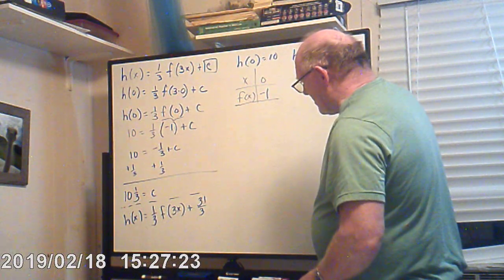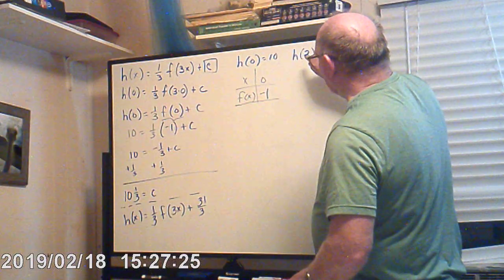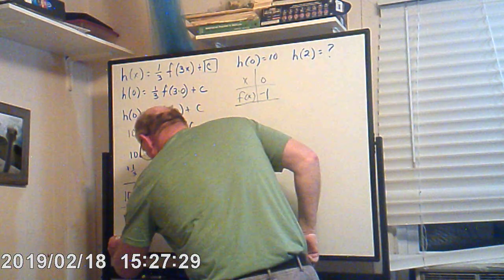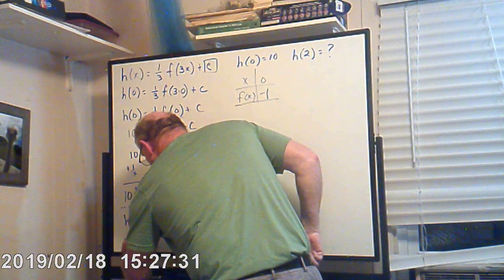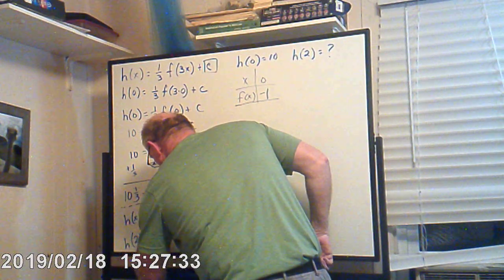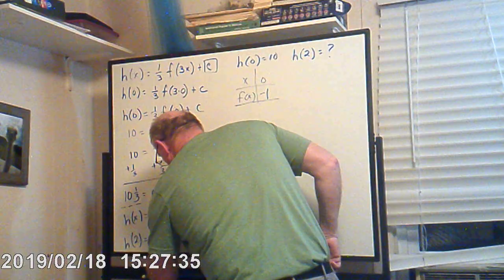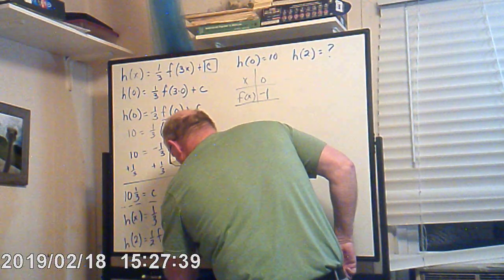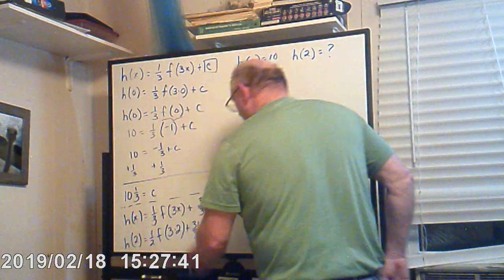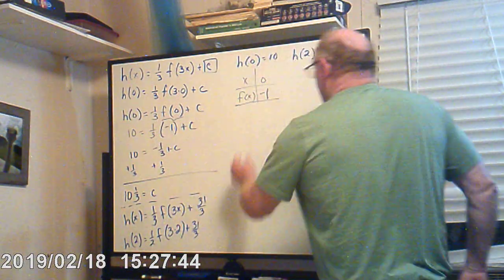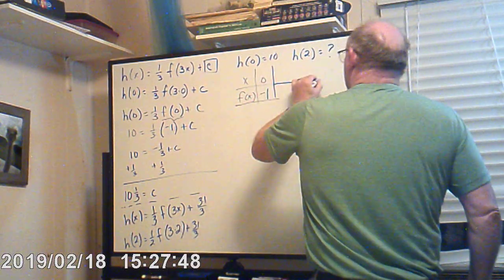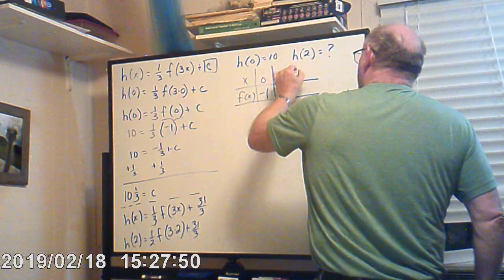Well, that's cool. Now, what are we looking for? I think what we're looking for is h of 2. I'm going to go down here one more time. h of 2, times 2. 3 times 2 is 6. Now somewhere over here is 6.